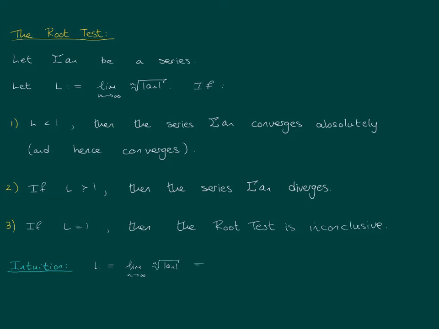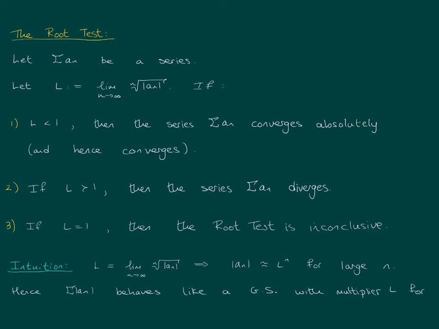So this would tell us that for large n, the absolute value of a_n is roughly L to the n. So hence, the sum of the absolute values behaves like a geometric series with multiplier L for large n.